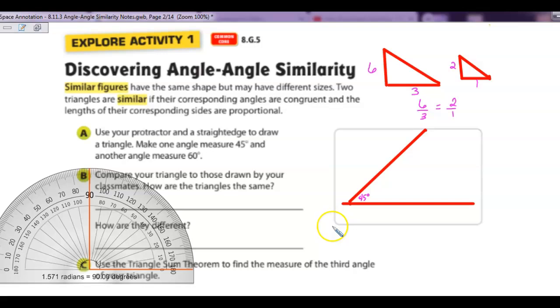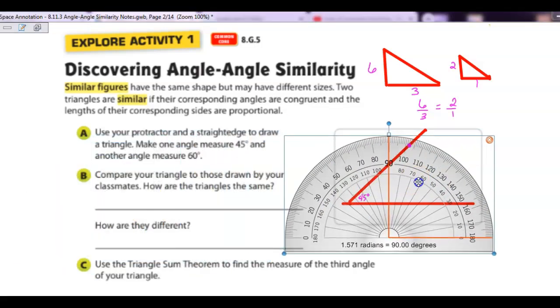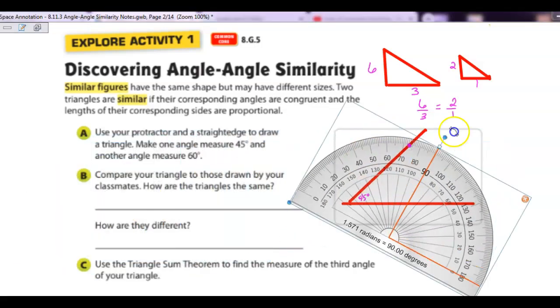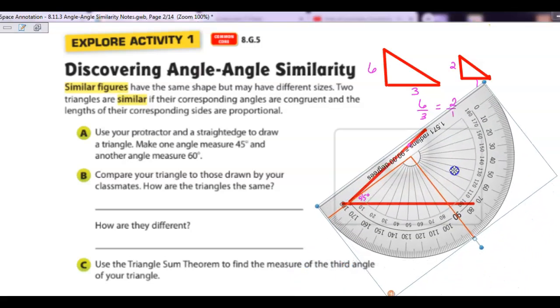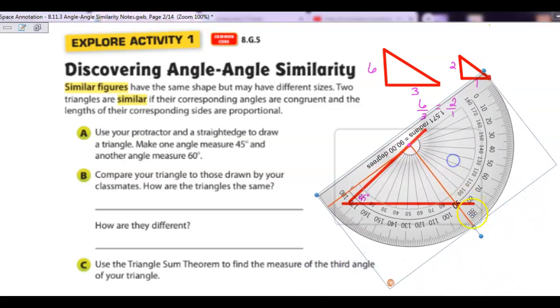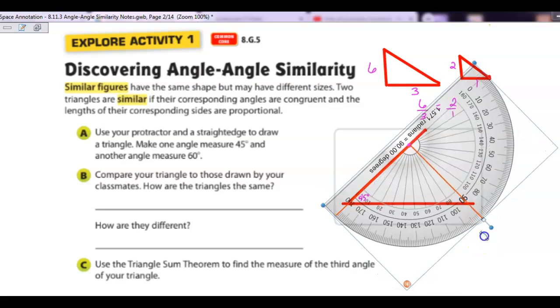And then it says the other measure is going to be a 60 degree angle. So anywhere on here, I'm going to put a point, and then I'm going to bring my protractor over and I'm going to line it up right there. And then I'm going to come down here to 60. Up there.